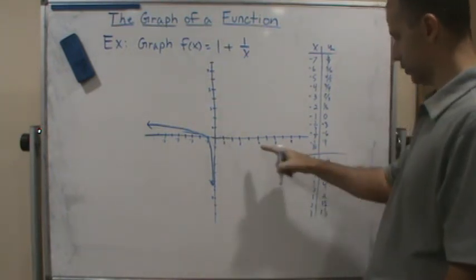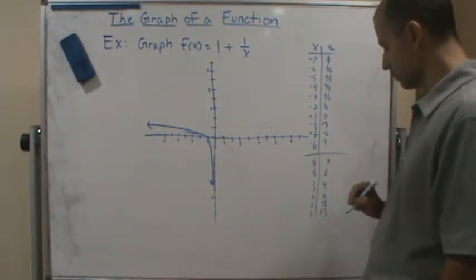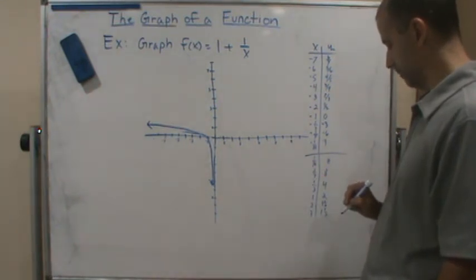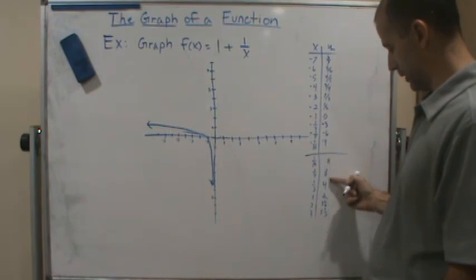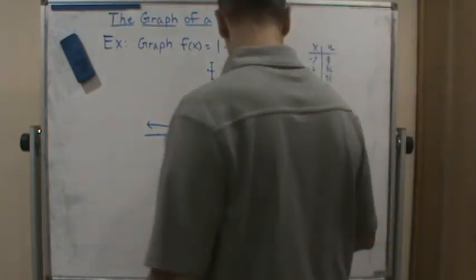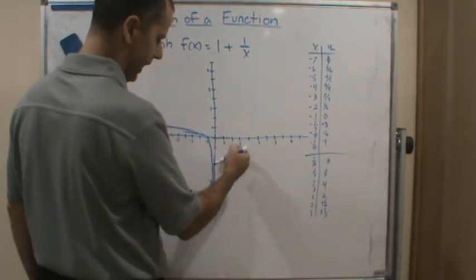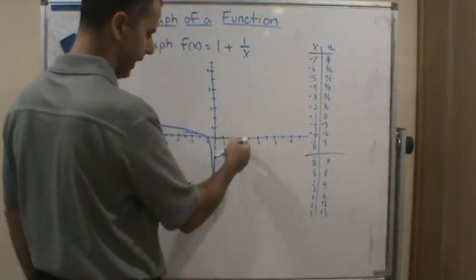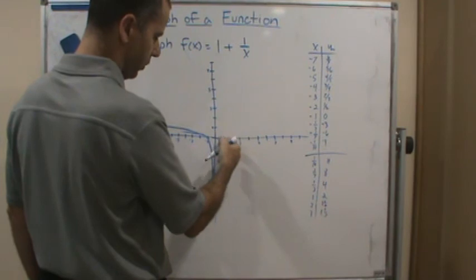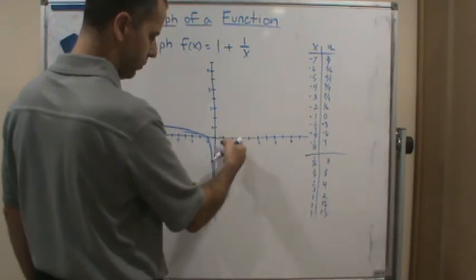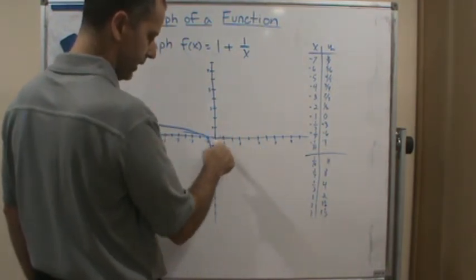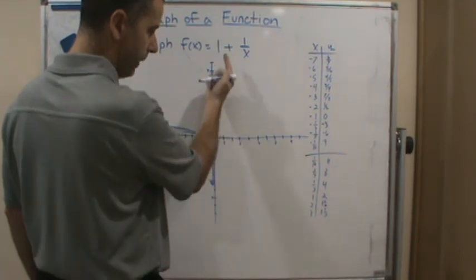I'm getting closer and closer, right? So it's decreasing. As I get closer and closer to the y-axis, as x gets really close to 0, the value is getting bigger positive, right?